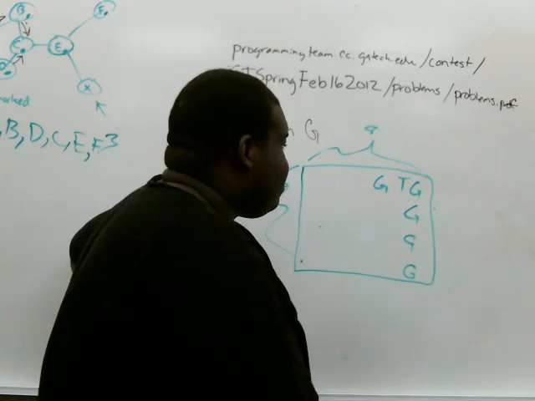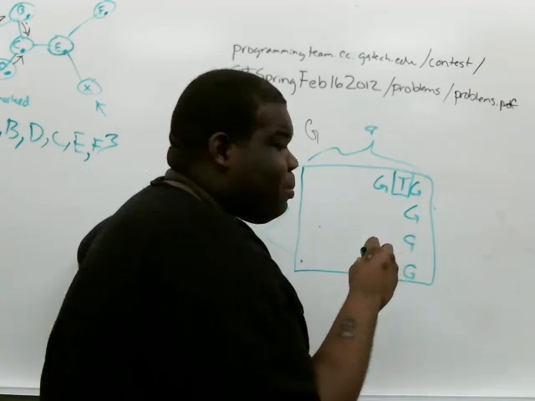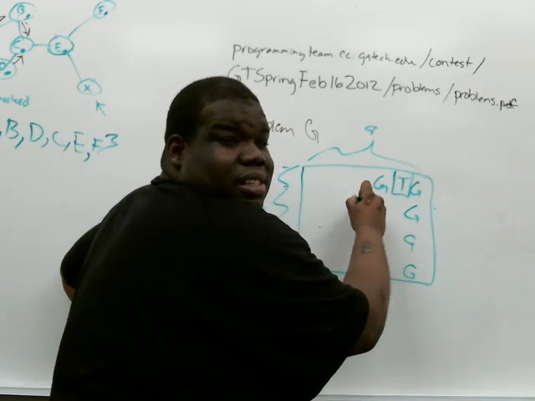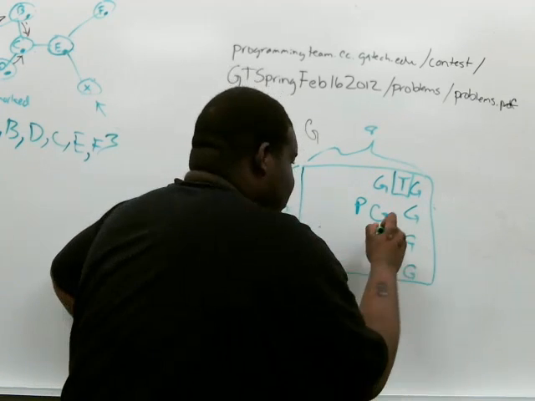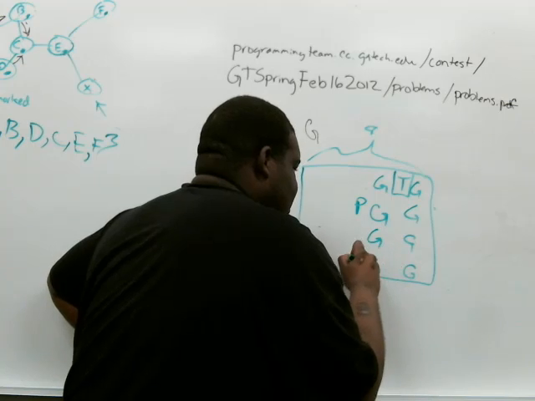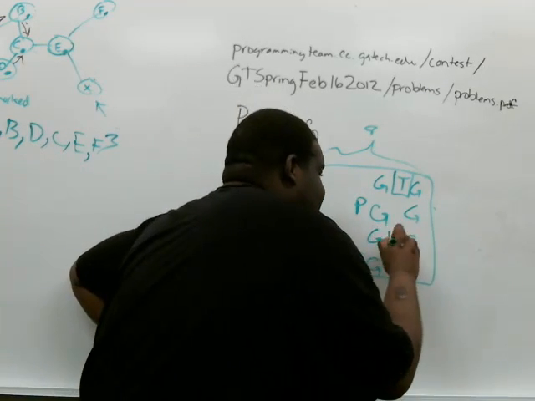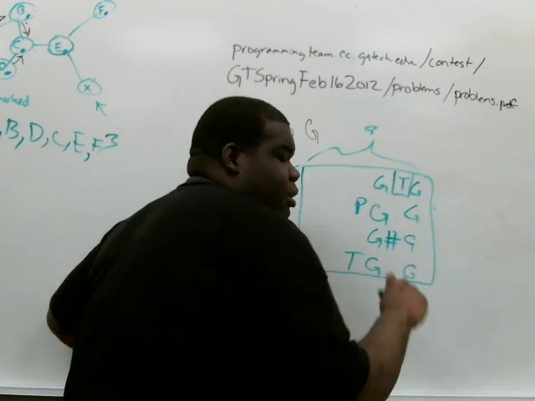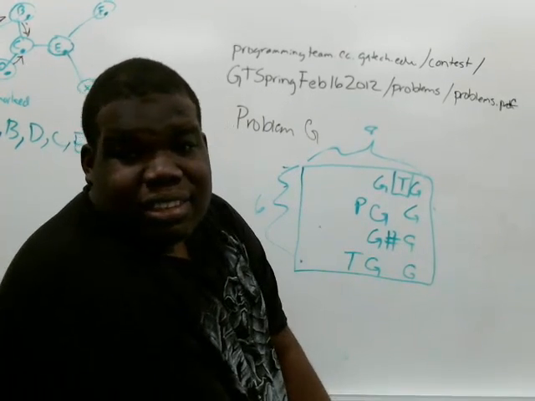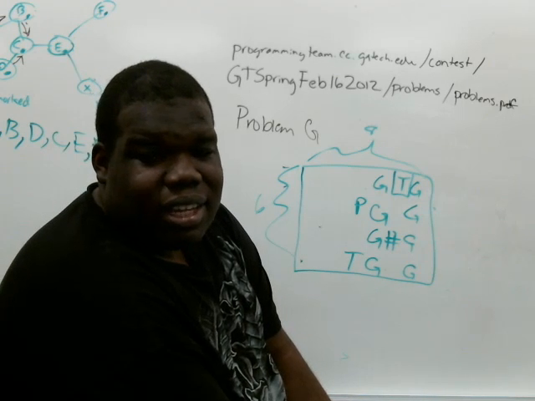Trap here. Player is here, G, T, and there's a wall. So the answer to this sample input is 4.